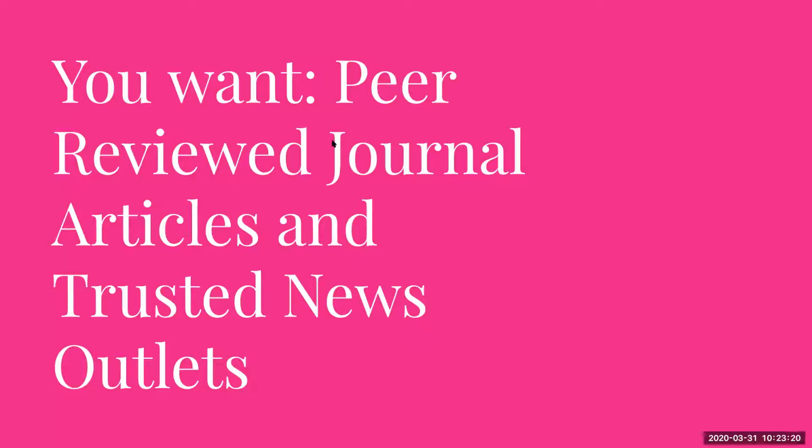Okay, so what you do want are peer-reviewed journal articles and trusted news outlets, right? So this is partially how we check that something is accurate. So for peer-reviewed journal articles, I just told you, right? It's something that has been done by a PhD candidate or somebody who is at least in a master's program.